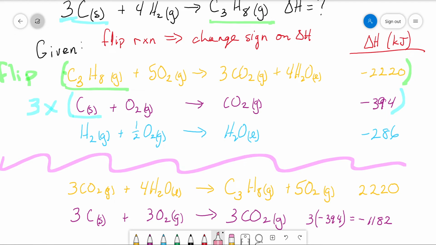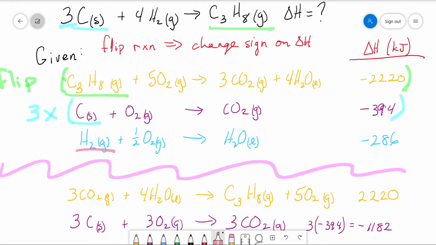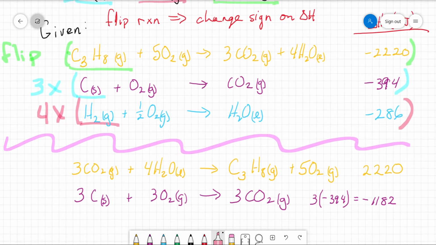Now let's look at that blue reaction. Again, just inspecting the reaction, I see H2 there, and I see H2 there. Both reactants, but the one on top is times 4. The one down here is times 1, so I just got to multiply this one by 4. And again, multiply delta H by 4 as well.